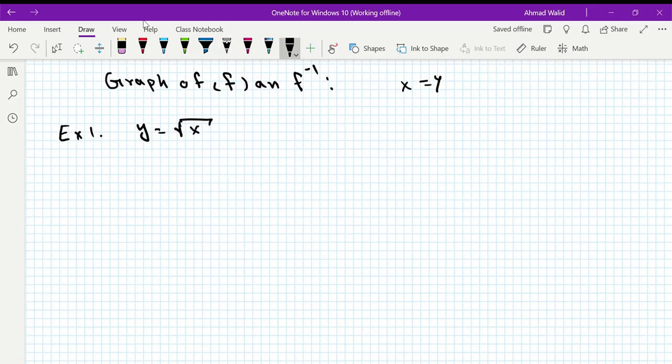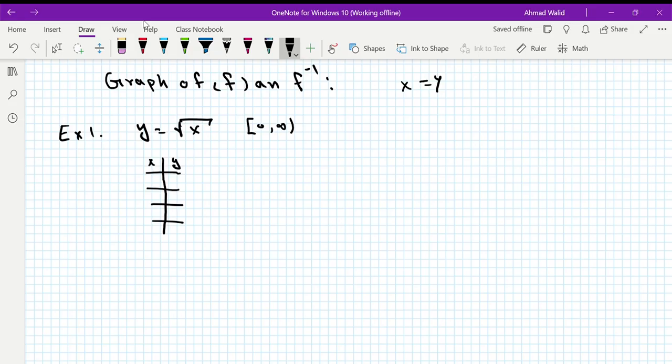To graph this, I know the shape already. Correct? Because I gave you 7 graphs the other day that you should know the name and the shape. You know the domain of this function is from 0 to infinity. Correct? Because it's a square root function.